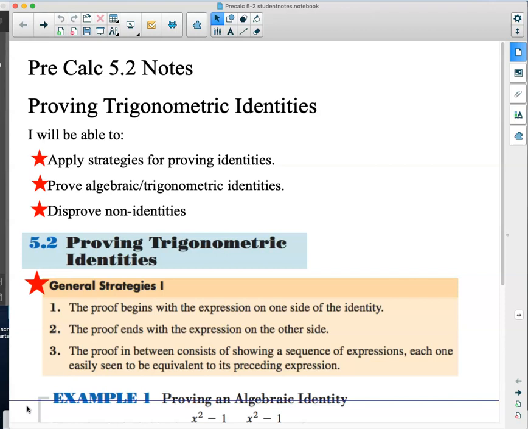Now, I also want to let you know that when I did the homework answers, the worked out solutions for these, I tried to do it from the standpoint of, if somebody is struggling, how could I make this proof more obvious to them? So when you look at the worked out solutions, if you had a faster, quicker way, fantastic.